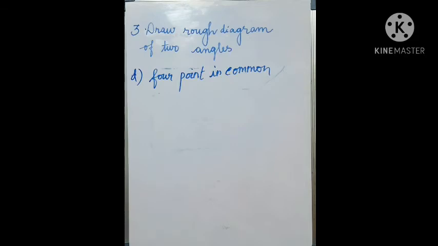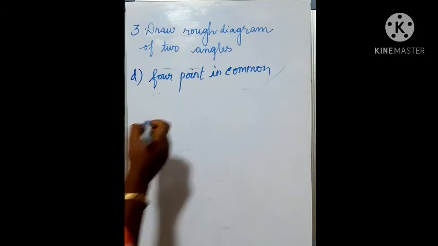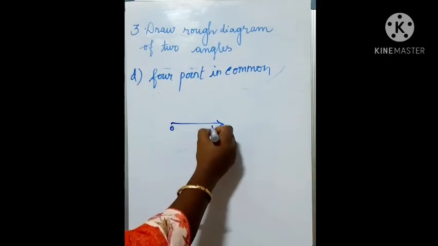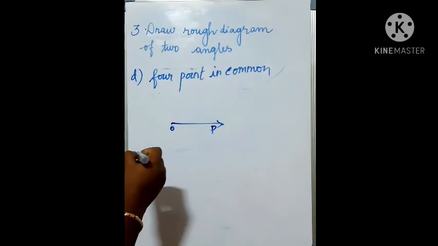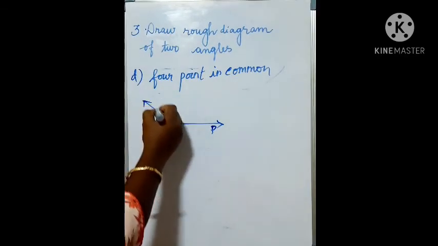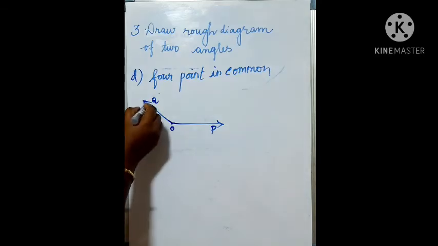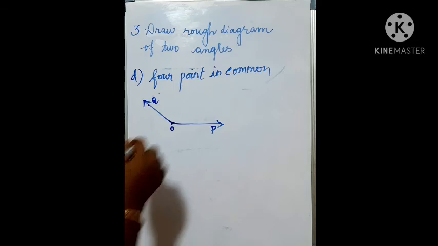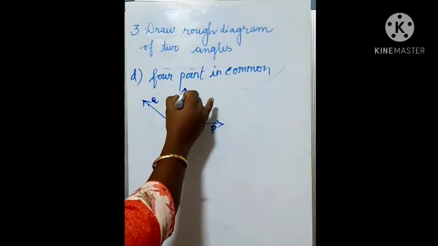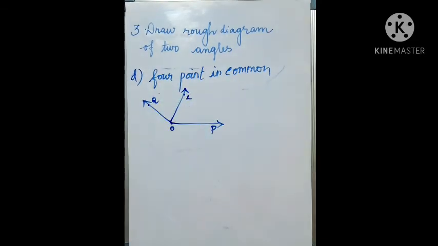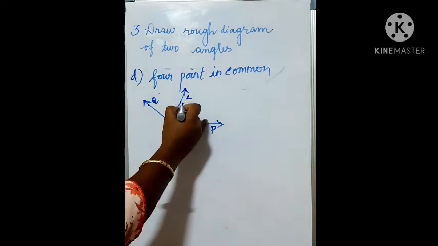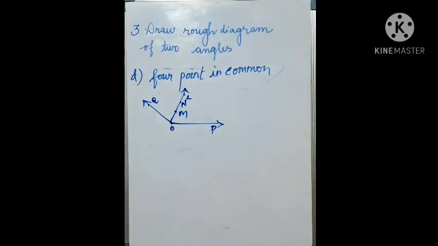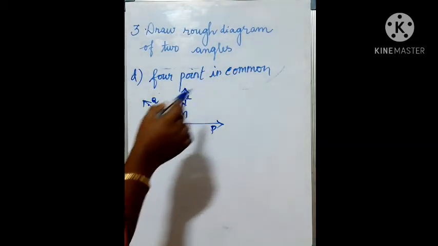Keep a point O. Draw a ray P and Q. Okay, this is Q. Then you can draw another ray L. In that you can point N and M. Now you get 4 points. Yes, so it is 4 points in common.